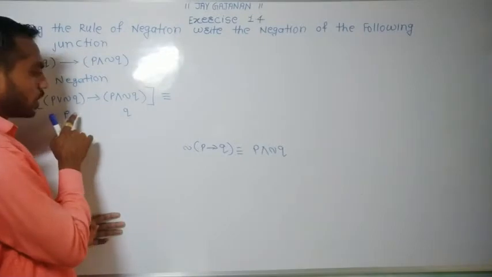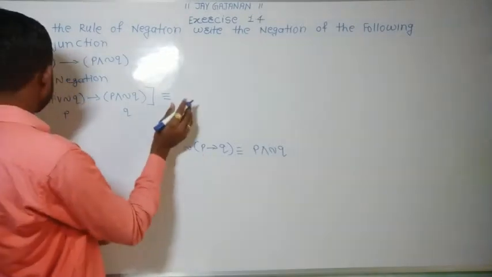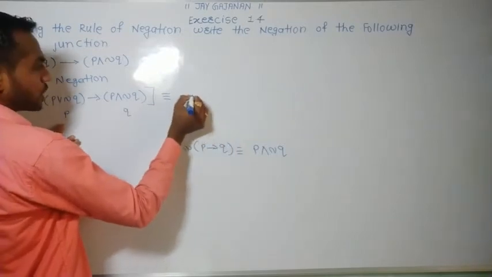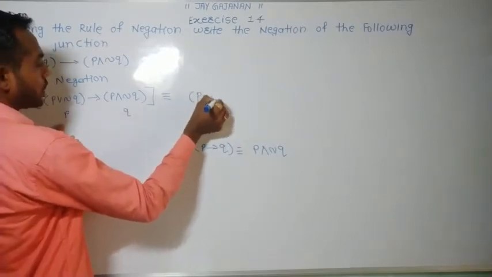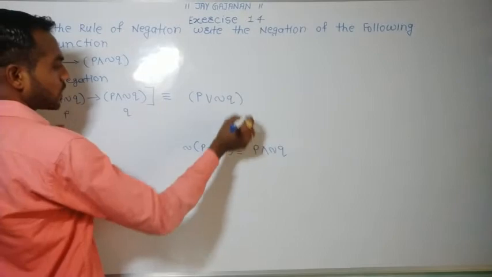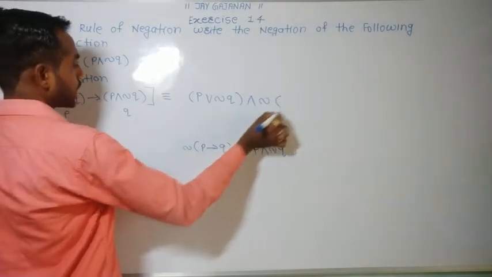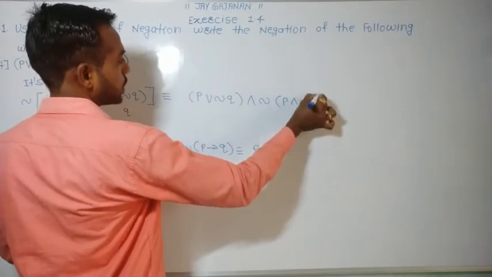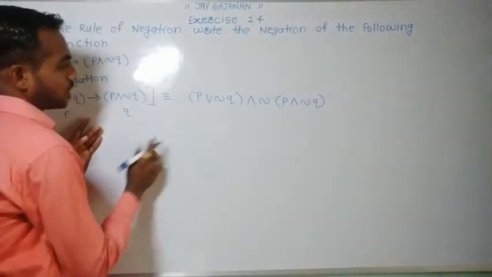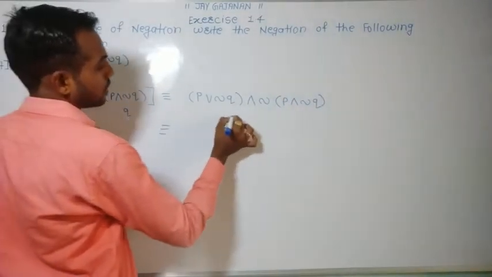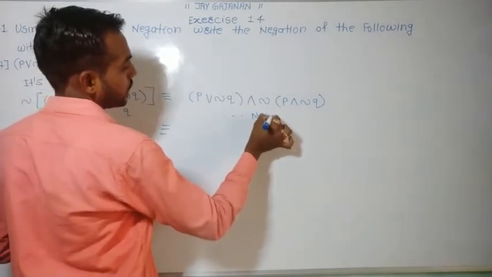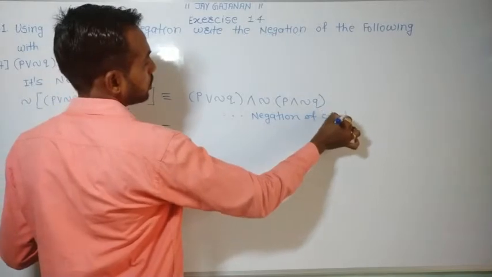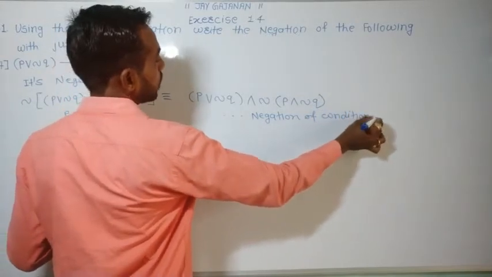So if we apply the negation of implication, we will get the first bracket, P or negation Q, and the negation of the second bracket, P and negation Q, by negation of conditional or negation of implication.